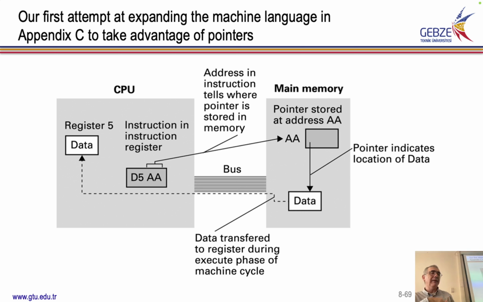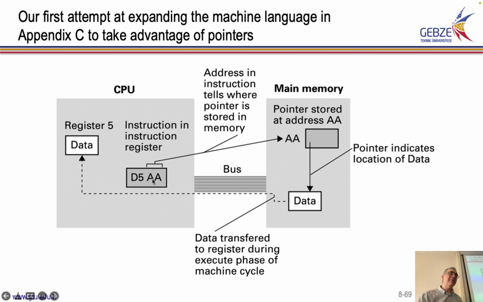So basically, we have AA as an operand. It says take the value in AA, right?